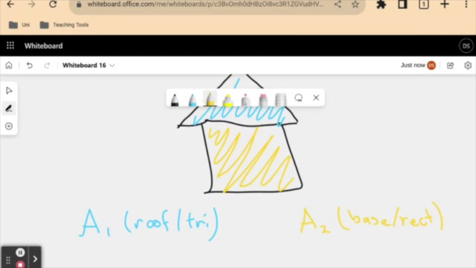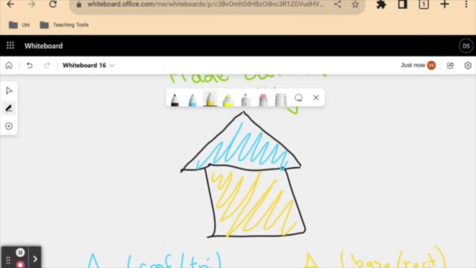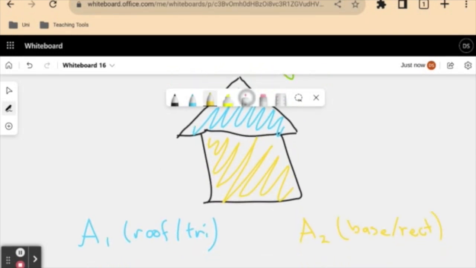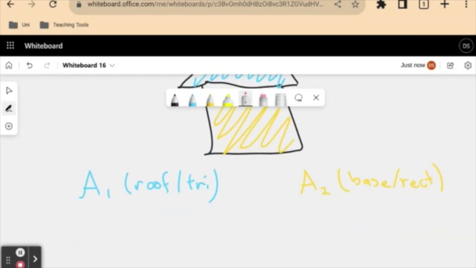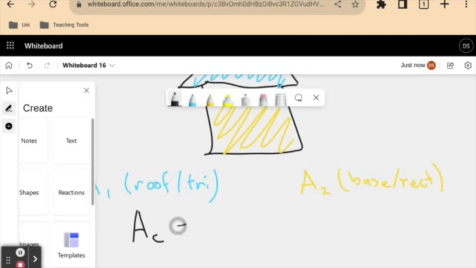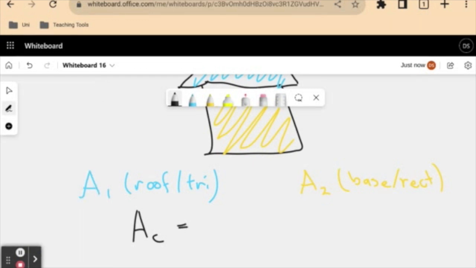So if I wanted to find the total area of this shape, I'd find one, say this one. I would find a second area, and we're looking for the total area these two make up. And this total area is the area of our composite. So we can say that in this context, our area of, I'm going to put this little subscript C for composite, so our composite area equals our total area.